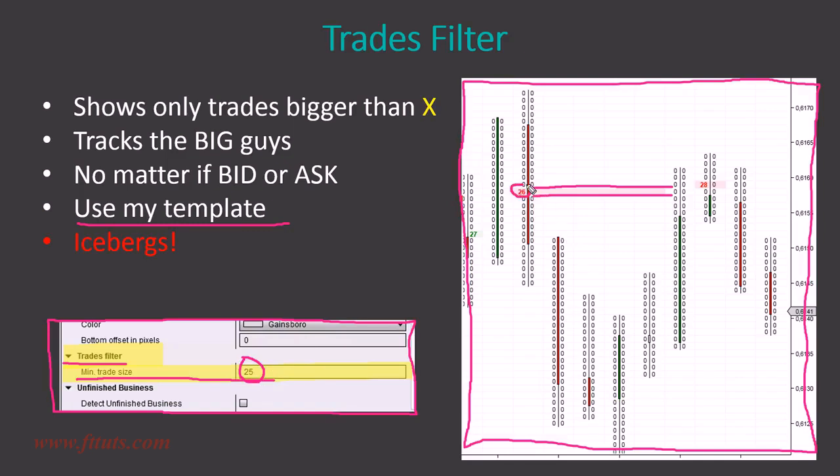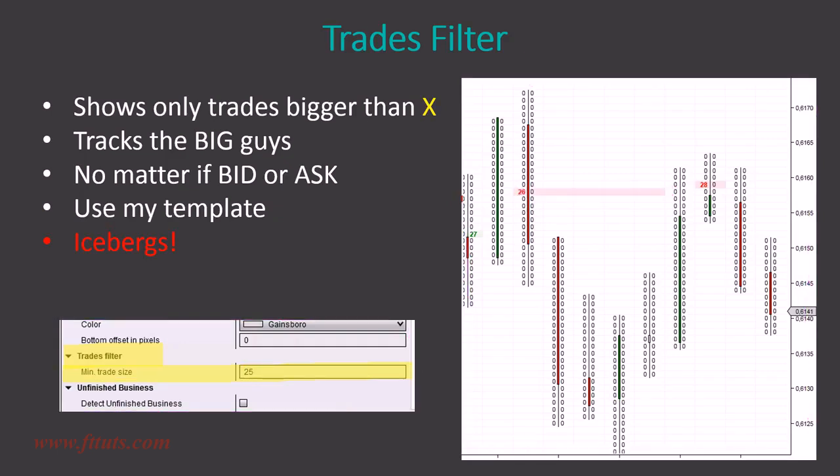So in here there's 26. If this was 24, then it would show as a 0. Alright? So for currency futures, I use the trade filter 25. But if you trade other trading instruments, you'll need to change this number. Adjust it to the instrument which you want to trade.